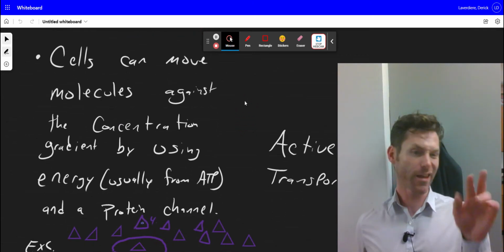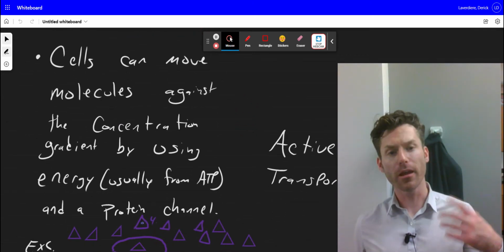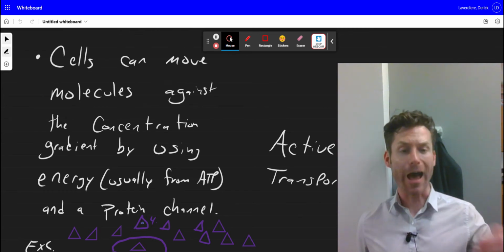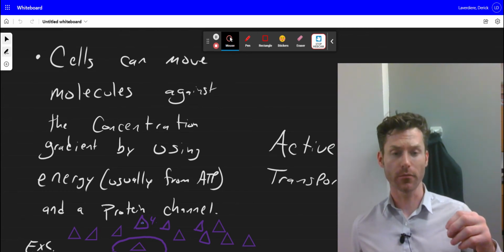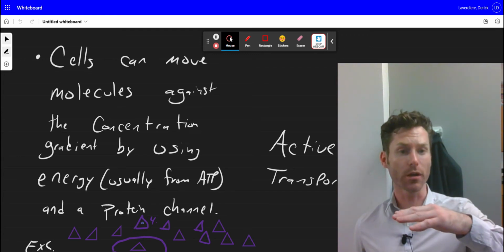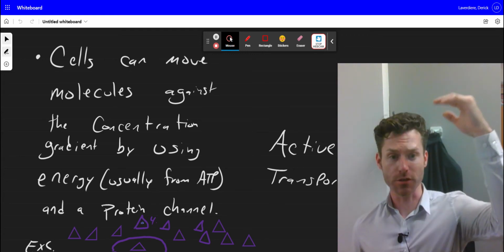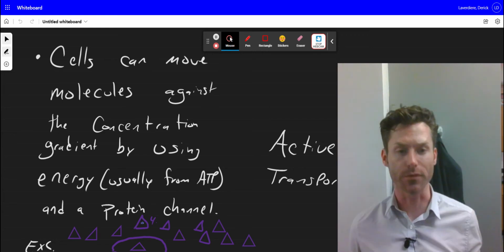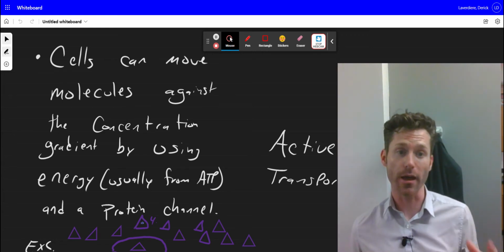Then we move on to something a little bit more interesting. Okay? If a cell wants to move a molecule against the concentration gradient, it wants to move it from a low concentration to a high concentration against the natural principles of diffusion, it can do that. Okay?